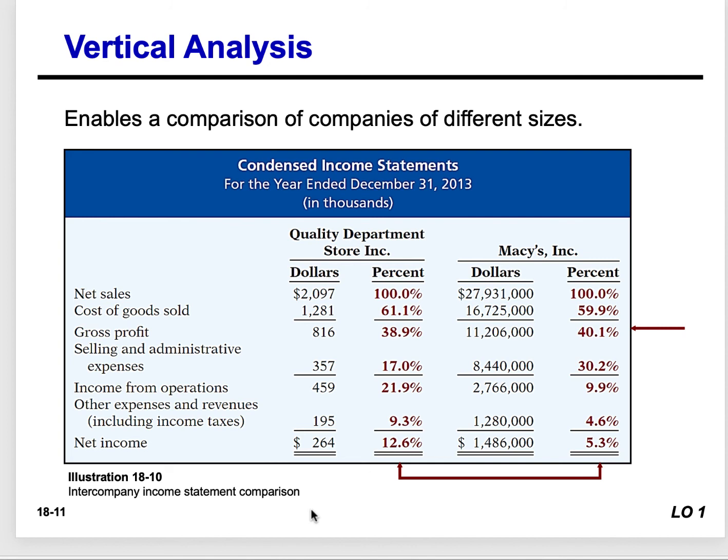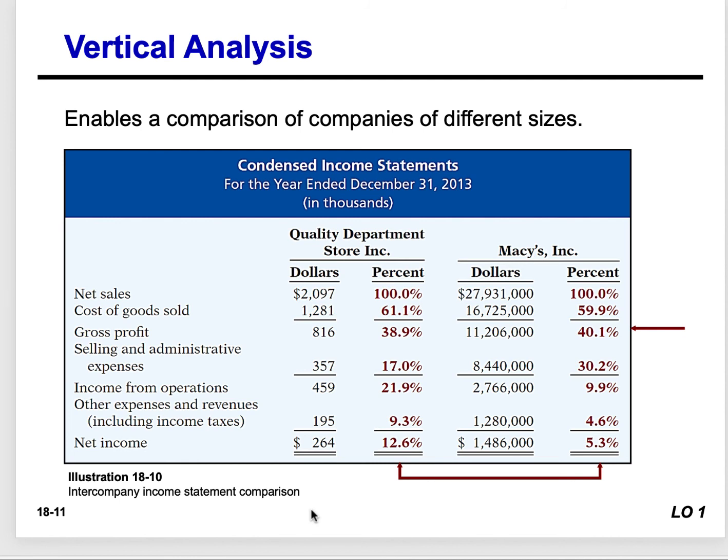Just by looking at that, can we tell that one company was more profitable than the other? One company had more sales than the other? Well, we can't really say that Quality Department is a less successful store than Macy's because they're two different sizes. So what vertical analysis allows us to do is compare two different size companies.